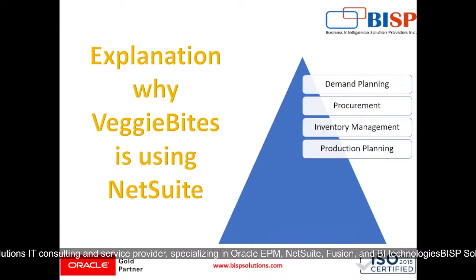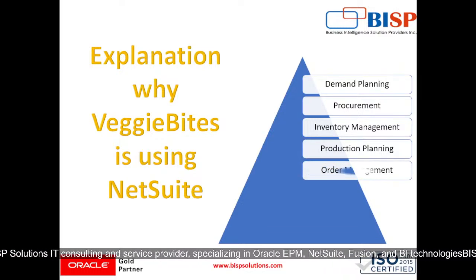For example, the Veggie factory has 2 production lines. NetSuite assigns cookie production to one line and energy bars to another based on order priorities.